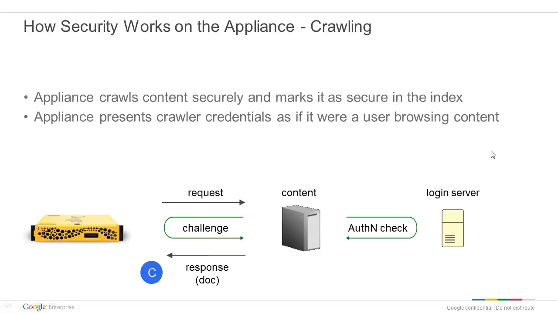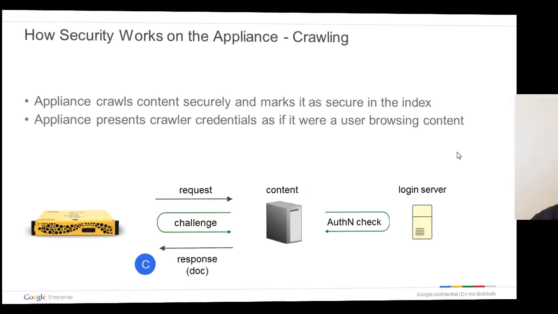Now, when the GSA crawls secure content, it's going to follow the same process as your browser does. The content is going to be marked as secure within the index by default. The GSA supports common authentication mechanisms such as web server authentication and HTML forms-based authentication.